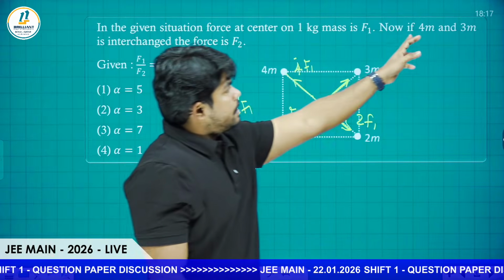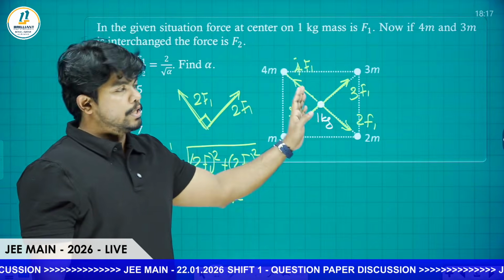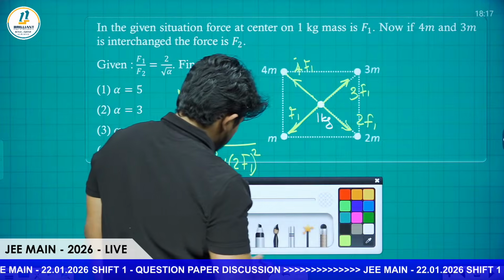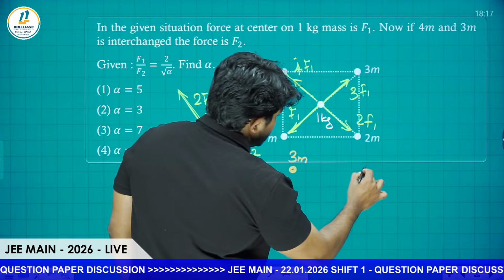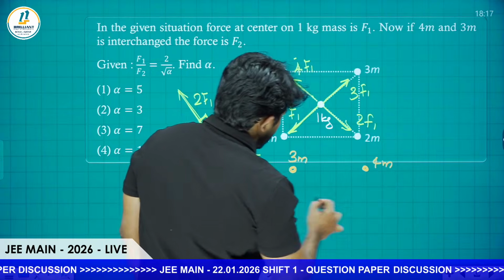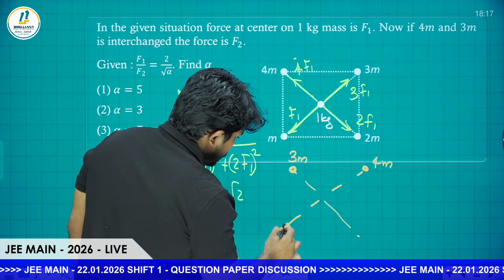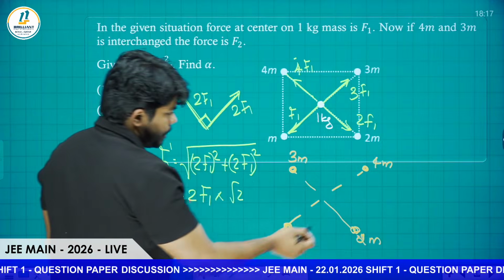Now what they are saying is, if 4m and 3m are interchanged, if this is the initial condition, we are changing the position of the masses. Like this is now 3m and this is now 4m. And the other locations are remaining the same. This will be m, this will be 2m.